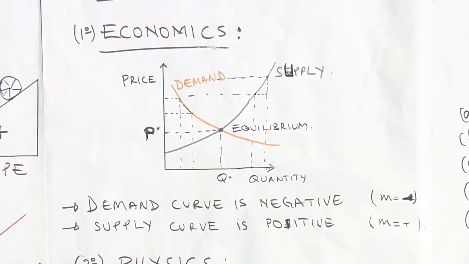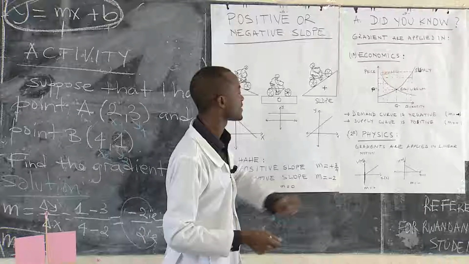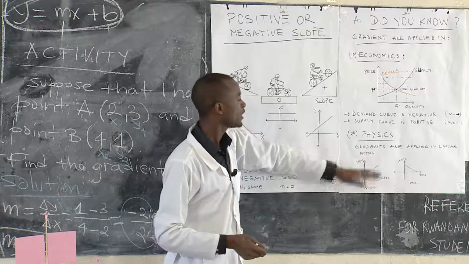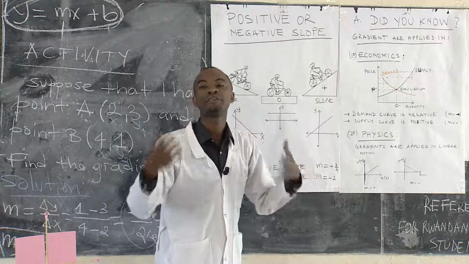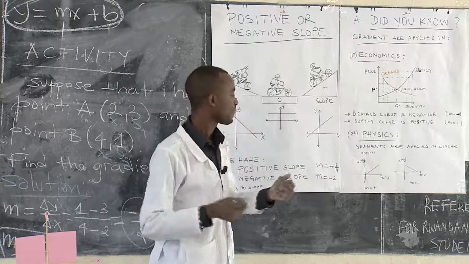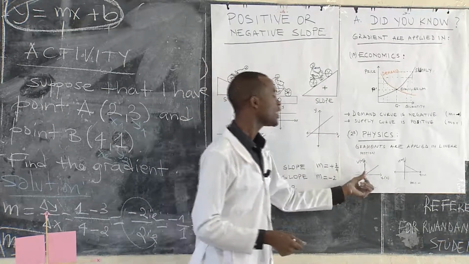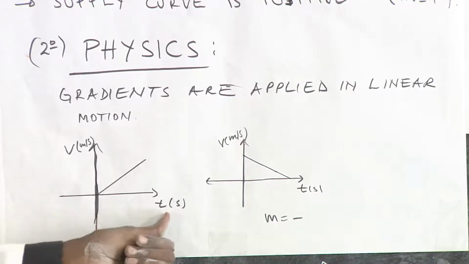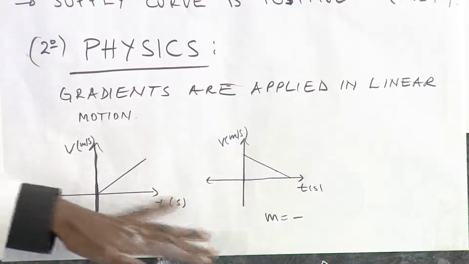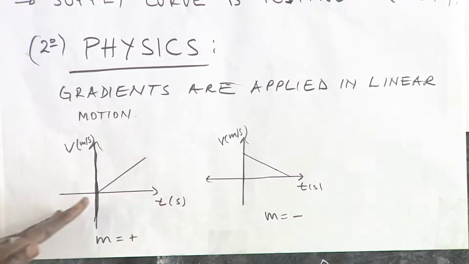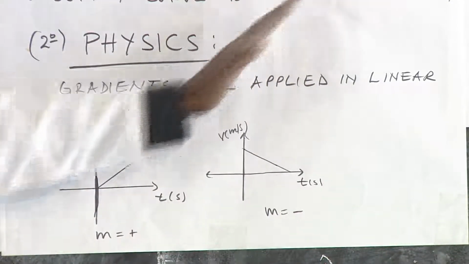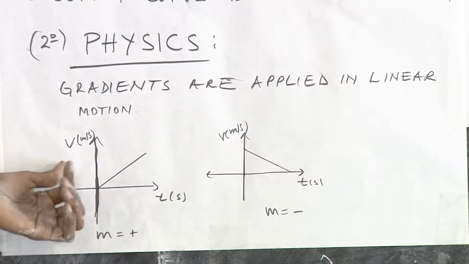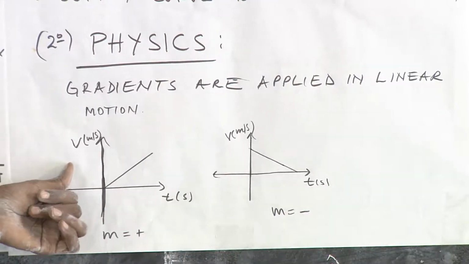We also apply gradient in physics when we are learning about motions of the objects. When we are looking at the graph of velocity against time, when the graph is going up like this, it means velocity is increasing.